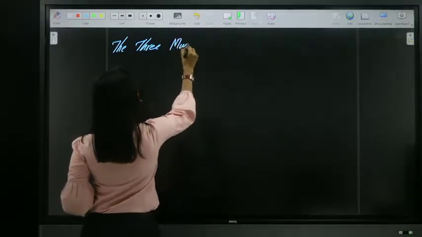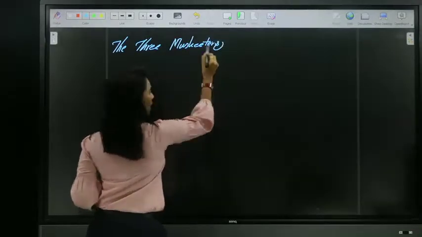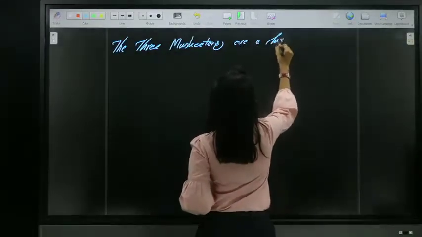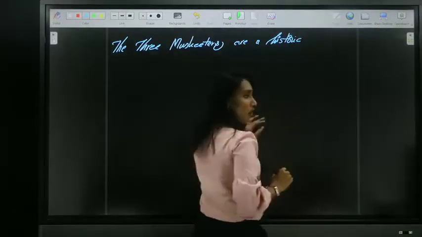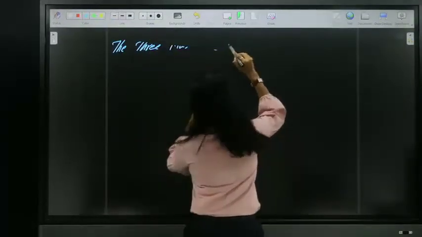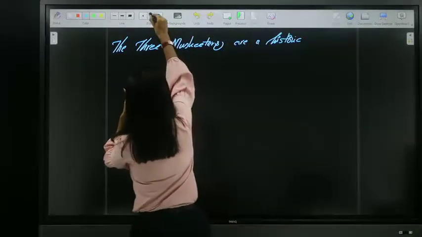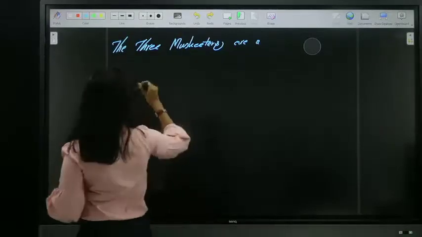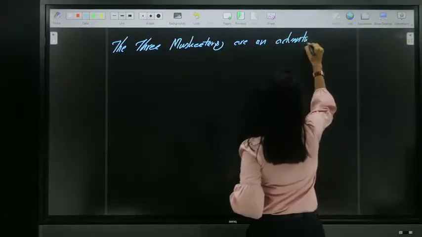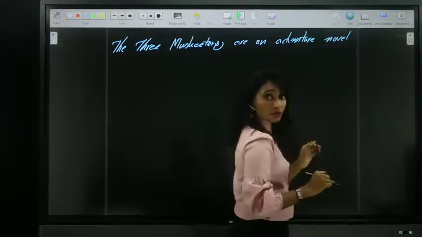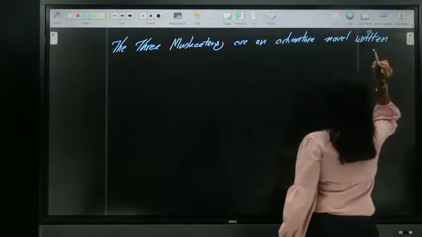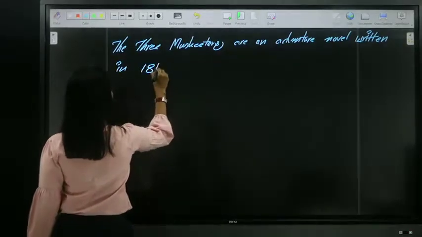The three musketeers. I hope you read this book, The Three Musketeers, or an adventure novel written in 1844.